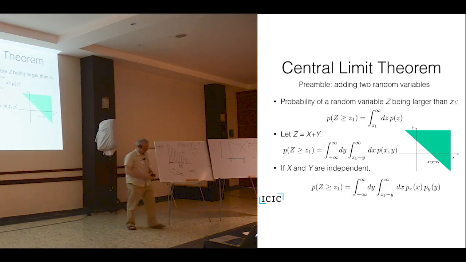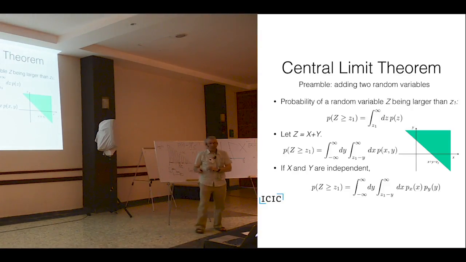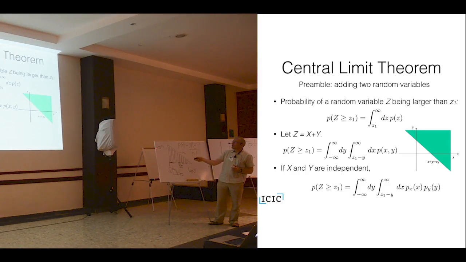So we need to integrate the joint probability distribution over the region where x plus y is larger than z1. So if we write that down as a double integral, we let y go from minus infinity to infinity, but at a given value of y, x only goes from z1 minus y to infinity, so just to the right of the point.